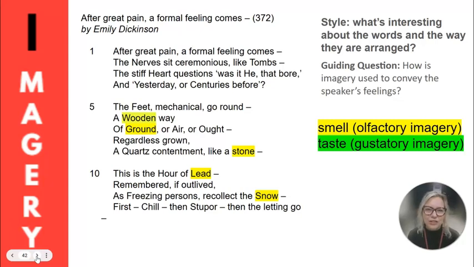We don't want to taste the ground. It's not a great thing to taste. Brings to mind memories of Kiowa a little bit, but we certainly can imagine what that tastes like, and so it does evoke the sense of taste and smell. Stone, lead, snow as well.